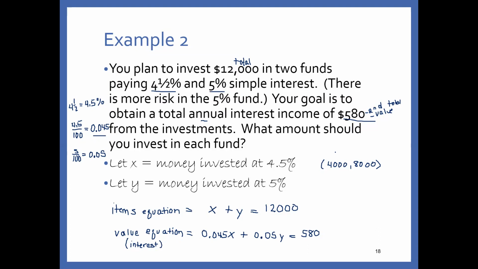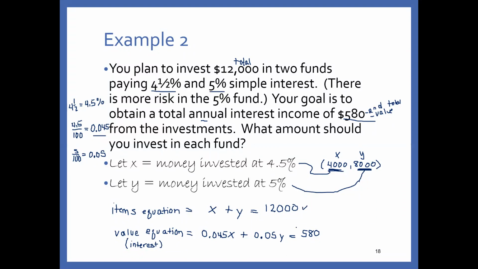The ordered pair always comes in alphabetical order, so x first and y second. And so this is telling me, because I defined my variables, x was the money invested at 4.5%, so that x is equal to 4,000. And then y was the money invested at 5%, so that y is 8,000, which is the money that we invested at the 5%.